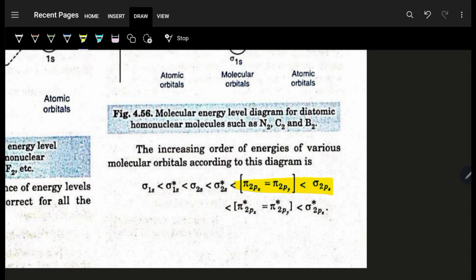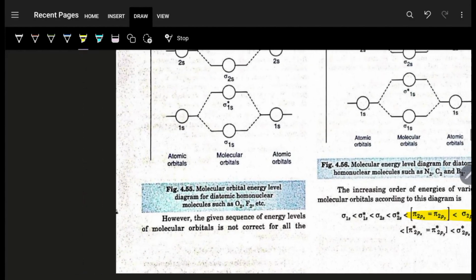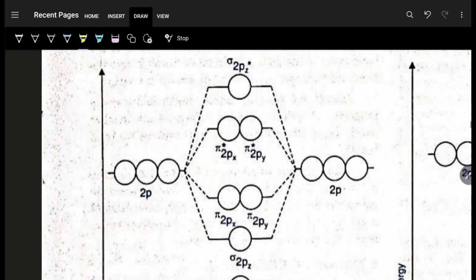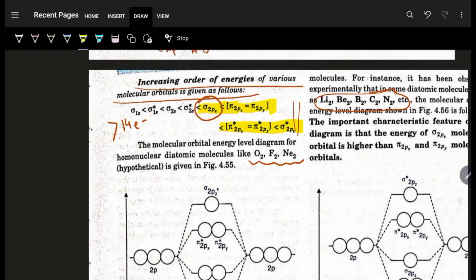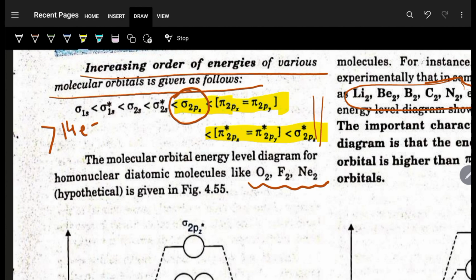So this is the only variation that occurs when you draw the molecular orbital or mention the energy order of the molecular orbitals of molecules containing either 14 or less than 14 electrons, or greater than 14 electrons.